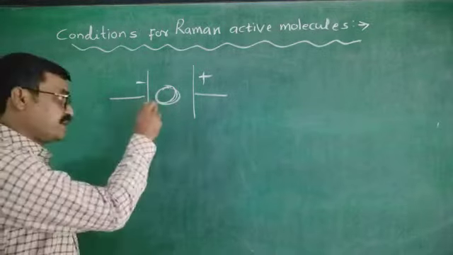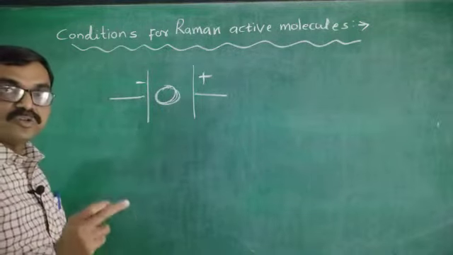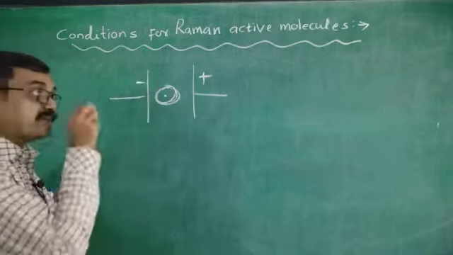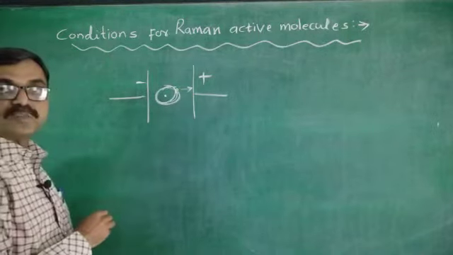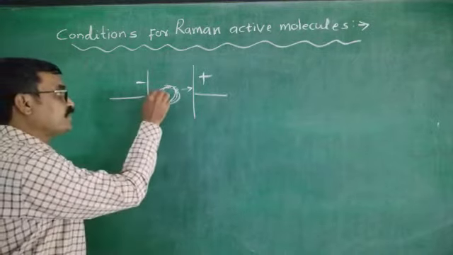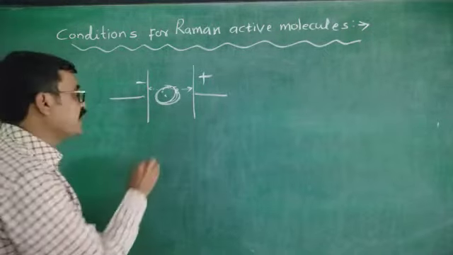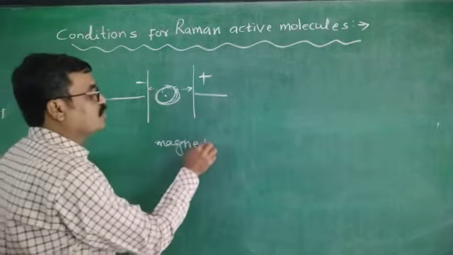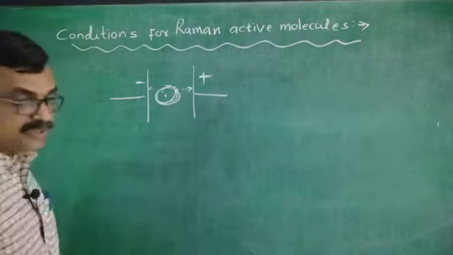What happens there? This sample or molecule or atom consists of protons, neutrons and electrons. Protons and neutrons are present in the nucleus. Electrons are revolving around the nucleus. At that time, what happens? These negatively charged electrons get displaced toward the positive plate, and this positive core center, that is the nucleus, is displaced towards the negative plate, and due to this there will be an induced dipole moment.